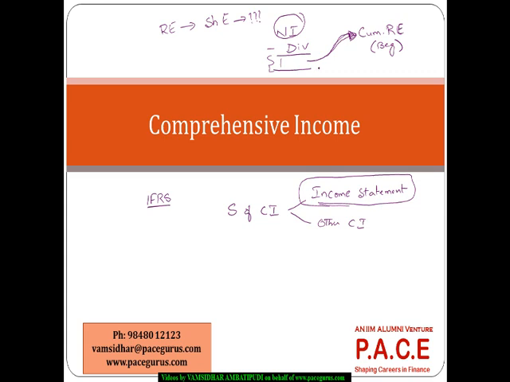But there are various other things that go and impact the shareholders equity without passing through the income statement. They are not treated as a part of the income statement. Retained earnings is one portion which is coming from the income statement and which is updating the shareholders equity.